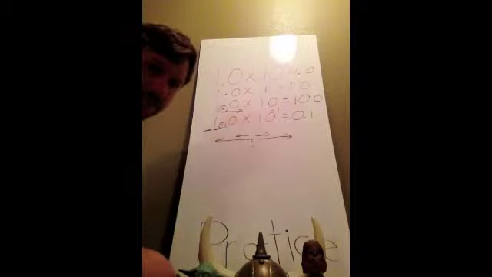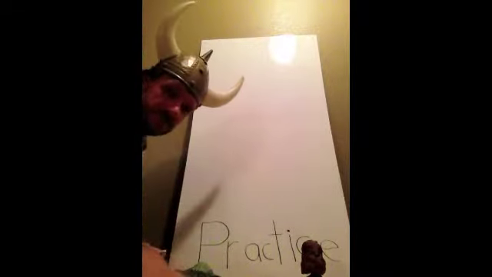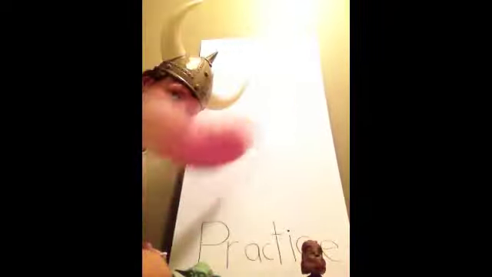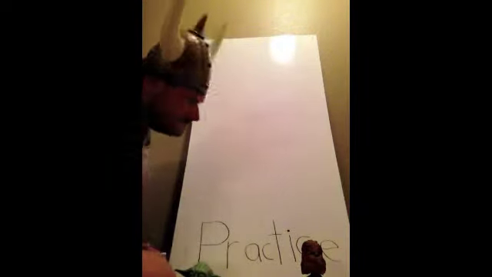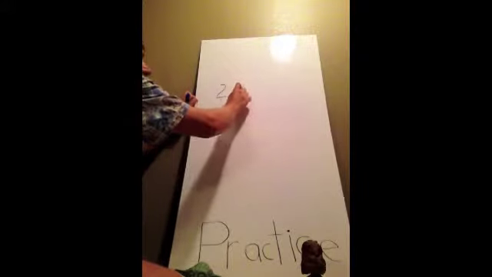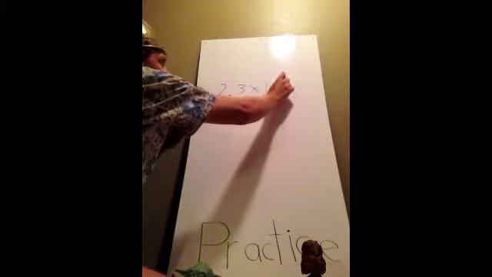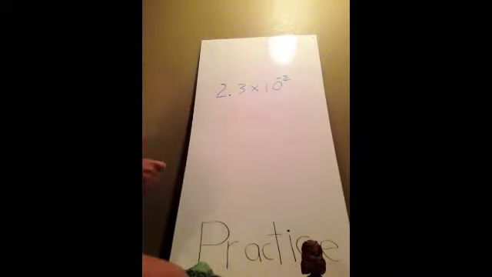Something to think about. Be right back. Alright, I'm going to put my thinking cap on now. You should too. Now, let's try blue. 2.3 times 10 to the negative 2. We're going to move this decimal point which direction?